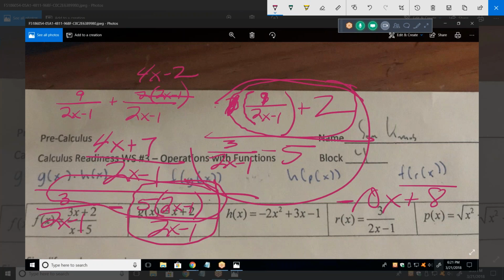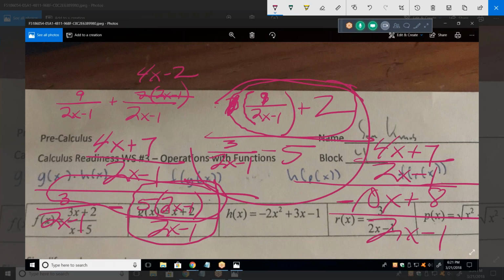Minus 10x plus 8. And that's over 2x minus 1. And that is actually my denominator. And what I had in my numerator was 4x plus 7 over 2x minus 1.